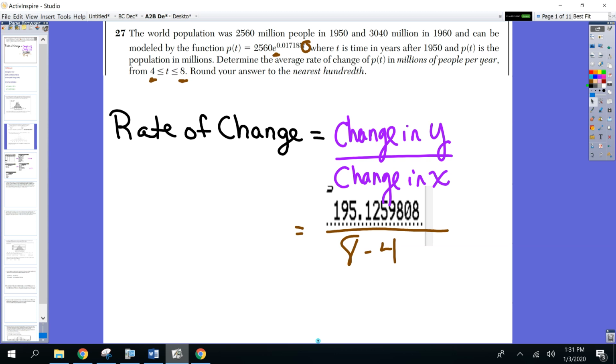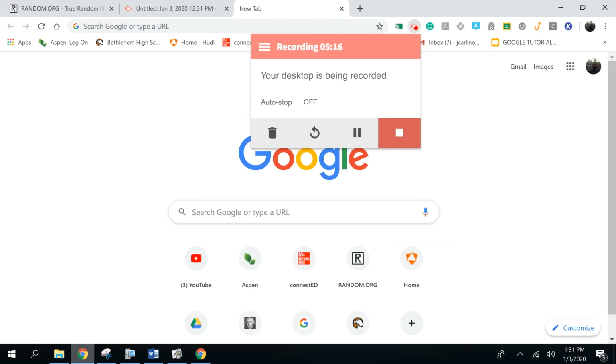So I'm going to ask somebody to finish this for me. Rate of change to the nearest hundredth. So go ahead, find your rate of change to the nearest hundredth now. I did the change in Y over change in X, perfect. I just got to know how to round appropriately.